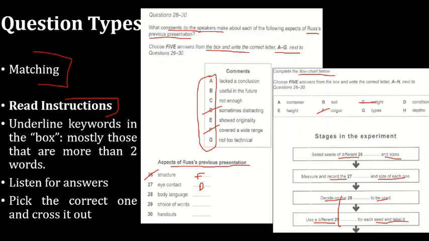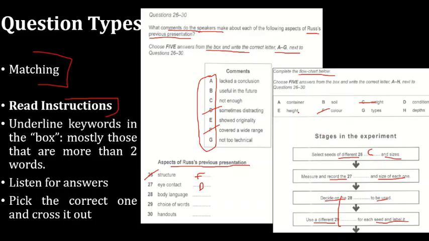If the speaker says based on weight and size, you go for C and you cross it out and you write your C over there. So measure and record the dash and size of each one. You measure and record probably the height, probably the color, probably the depth, something that you can record.